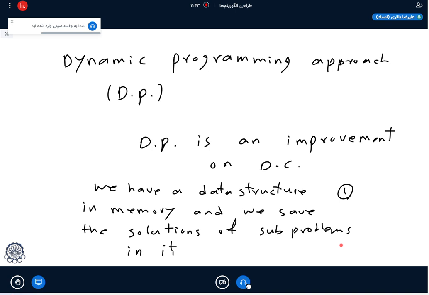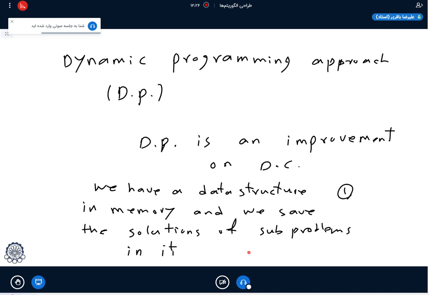So if we have duplicate subproblems, I mean subproblems that are the same, subproblems that are similar to each other, we can solve one subproblem and save its solution, and for the other subproblem that is similar to the previous one, we do not solve it again, and we use the previous solution because we have already the solution in the memory.